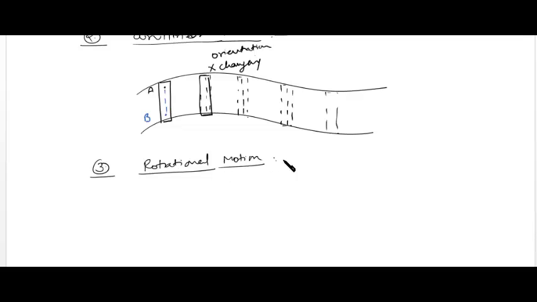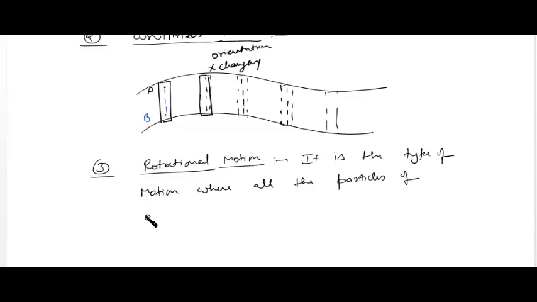It is the type of motion where all the particles of an object move in concentric circles of different radii.